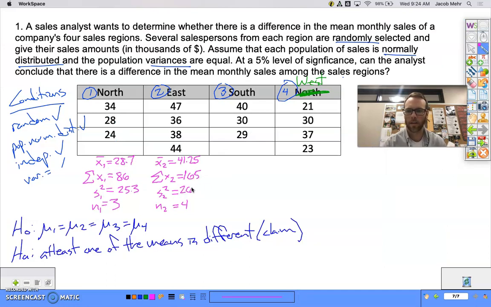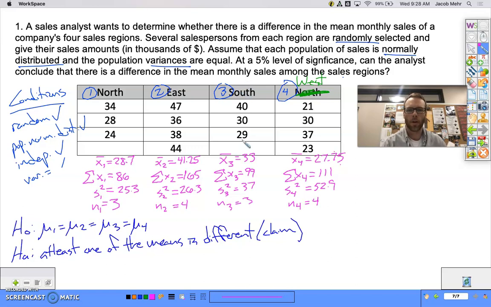We'll just say that's 26.3. Okay, I have 2 more regions to do. I'm going to pause my video and do these so you don't have to watch me do it, and then I'll start back up when I'm ready. All right, so this is what I got for our 3rd and 4th samples, for the South and the West.